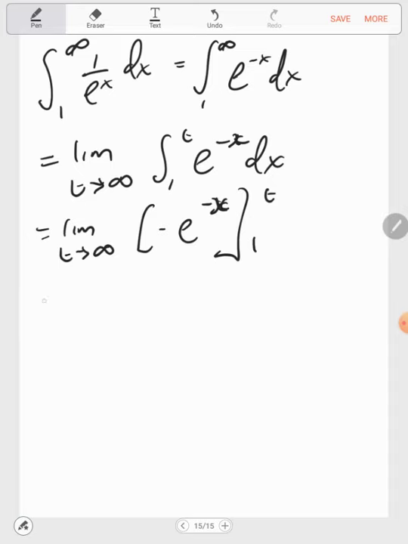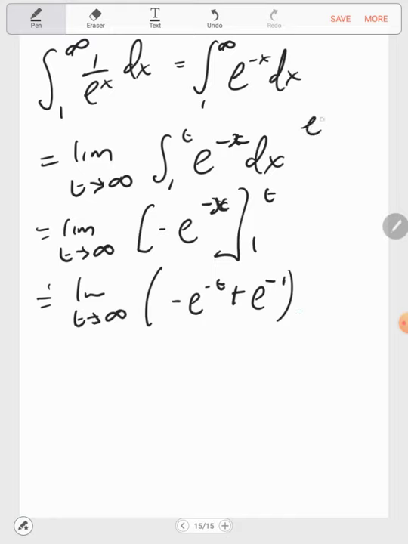We replace: minus e to the power minus t, minus, which gives us a positive, e to the power minus 1, with e to the power minus infinity being 0.